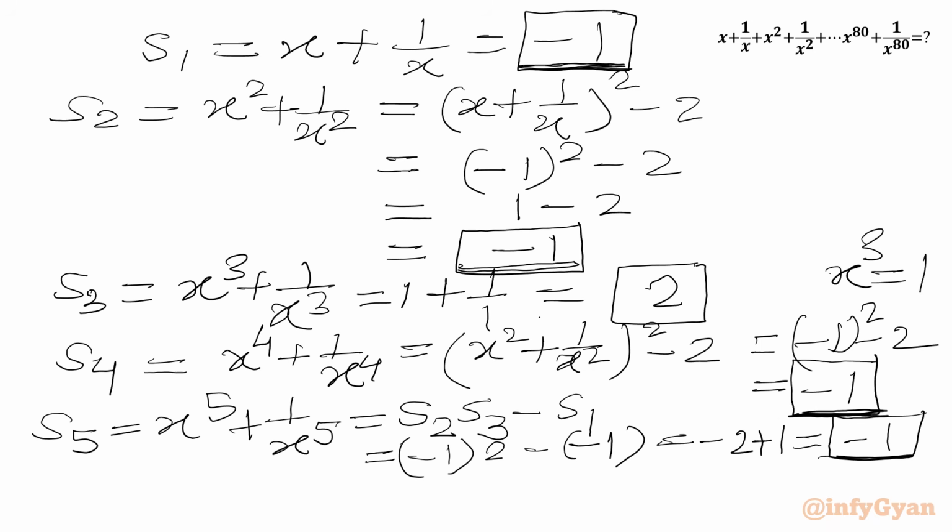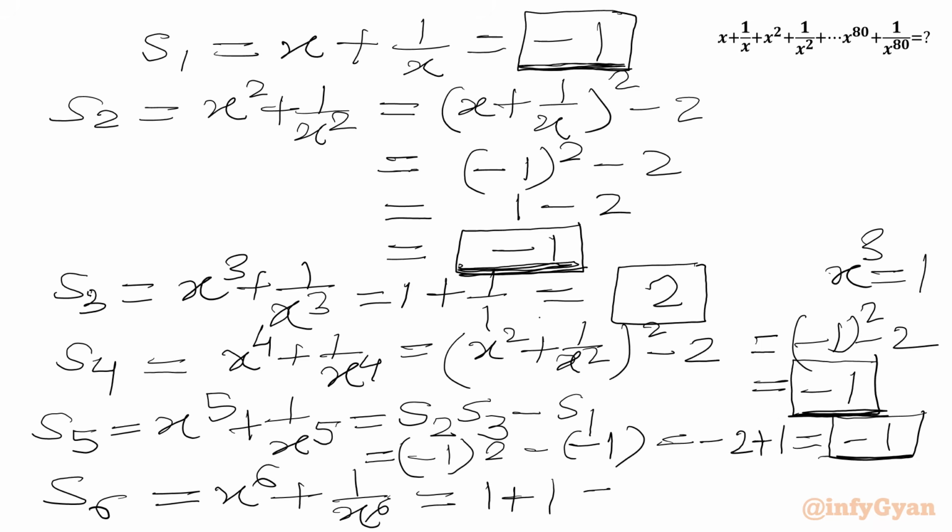Now we have to check only one last value, that is S6. S6 will be equal to x power 6 plus 1 over x power 6. x power 6 is 1. So we will write here 1 plus 1 over 1, which is 1 plus 1, 2. So yes, our S3 is the same as S6.